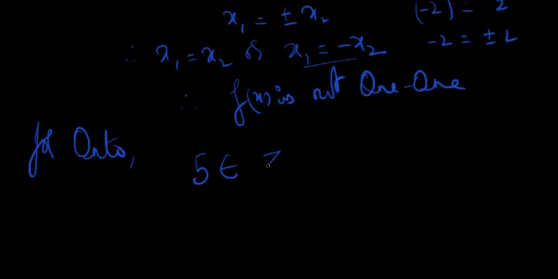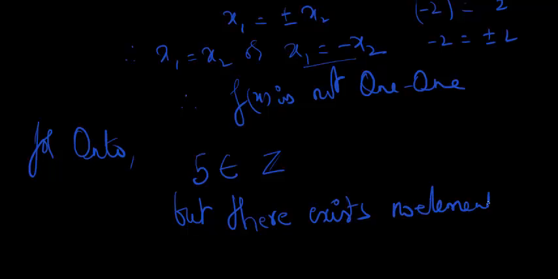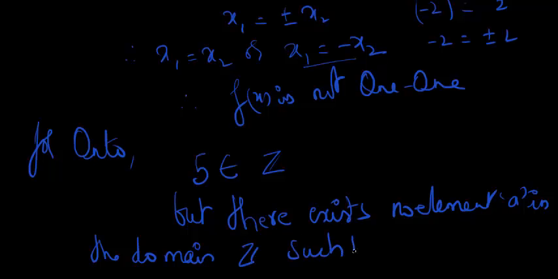Okay, 5 belongs to Z, isn't it? 5 is an integer, but there exists no element A in the domain Z such that A square is equal to 5.